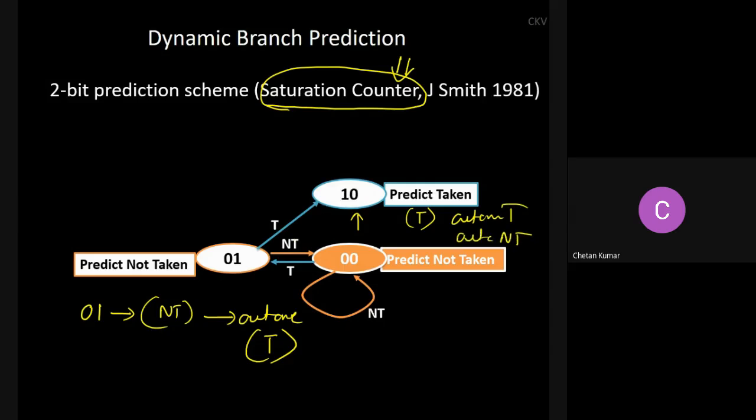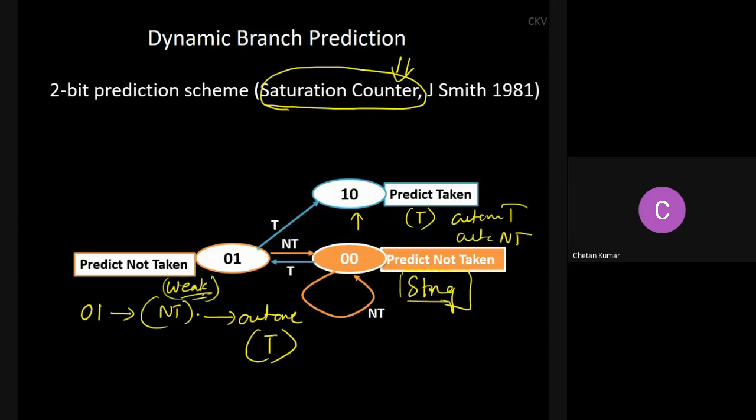Again, in this case, we define something called strong and weak. So this is a strong state and this is a weak state.